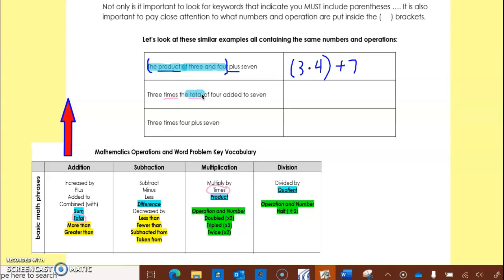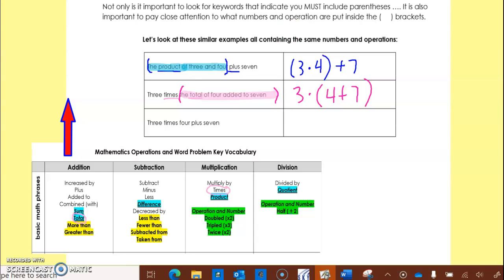What am I looking for the total of? 4 added to 7. So those would be the numbers and the operations that I would be putting inside of my parentheses. Hopefully by me highlighting, you can see it a little bit more clearly. Times, again, we said is just multiplying. So moving left to right, we'd say 3 times, here comes my parentheses, the total of 4 added to 7.